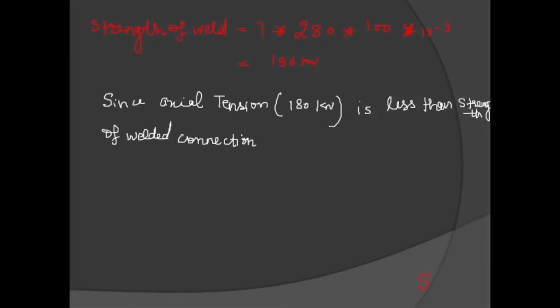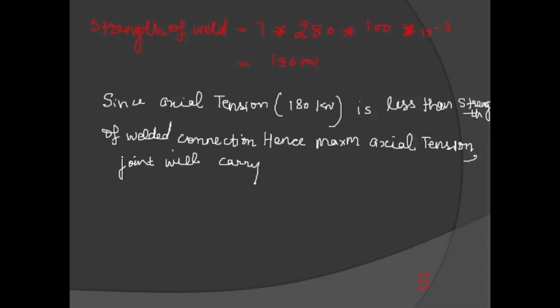Since it is less than the strength of the welded connection, therefore the maximum axial tension the joint will carry is equal to 180 kilonewton.